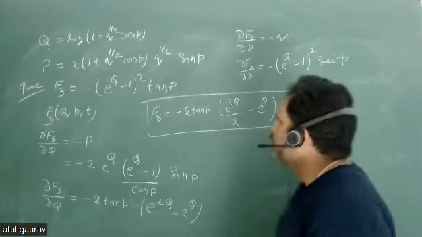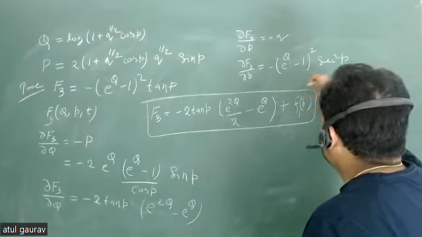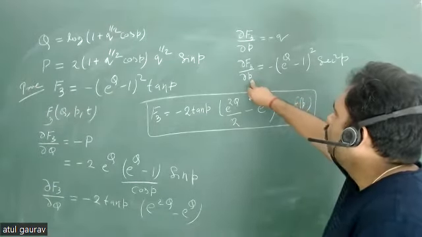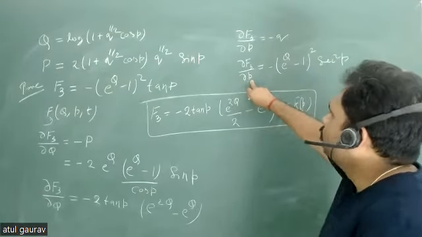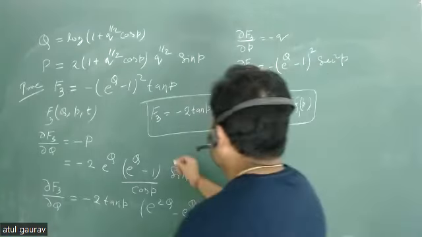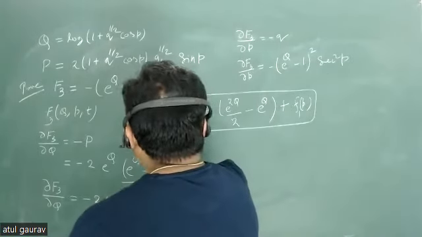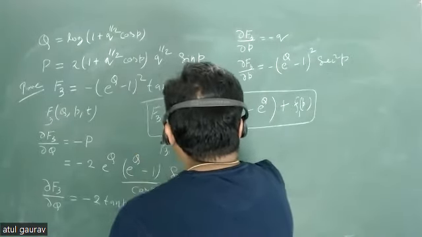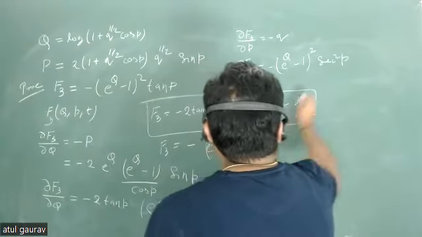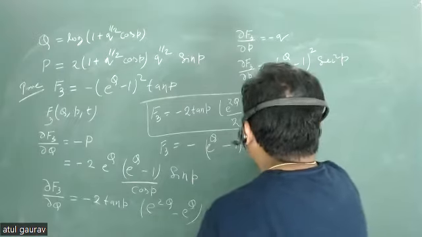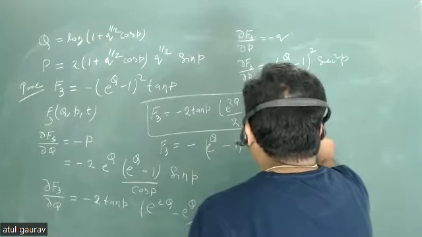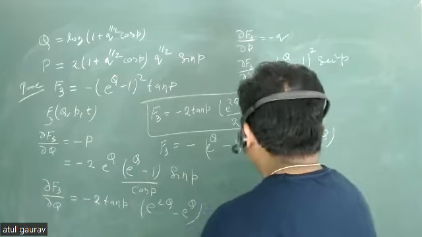You are just going to integrate it. You are going to integrate with respect to what? Small p. So what will be the constant? Capital Q. So from here, you have F3 as minus e to the power Q minus 1 whole square, and when you integrate it, that value is tan p plus F2 of capital Q.